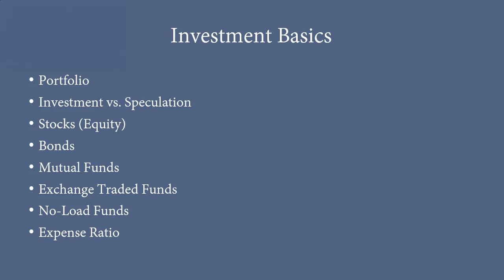Mutual funds. What is a mutual fund? We've heard about these all of our lives. Mutual funds are really an investment company that will buy individual stocks in a portfolio, if you will. So they'll have hundreds, maybe thousands of different companies, and they'll go buy those individual stocks, and then they will pool them all together into a bucket, into a mutual fund.